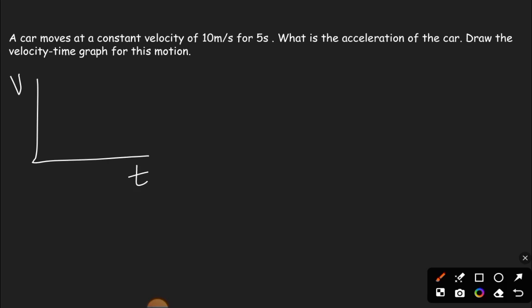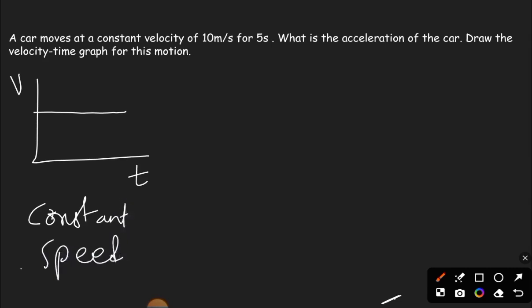So your diagram looks like this: a straight line parallel to the x-axis represents constant speed or constant velocity. Throughout the questions, anytime you see constant speed, the line is going to be parallel to the x-axis.